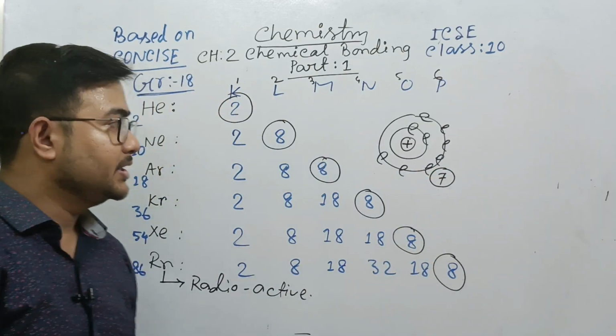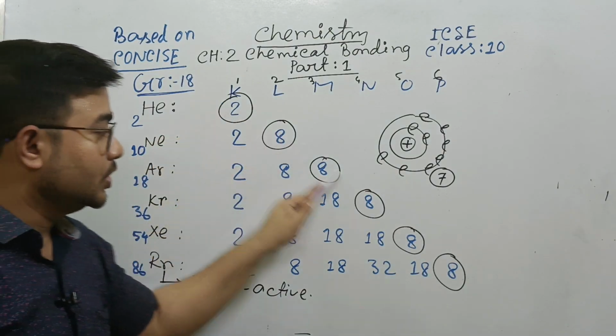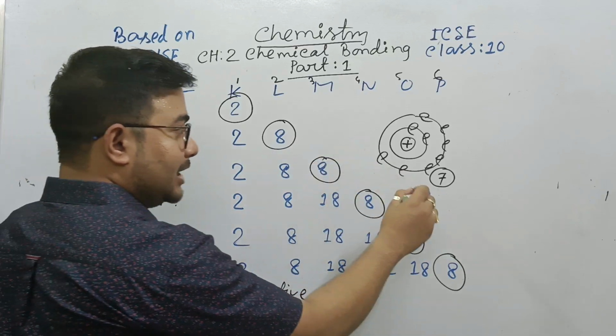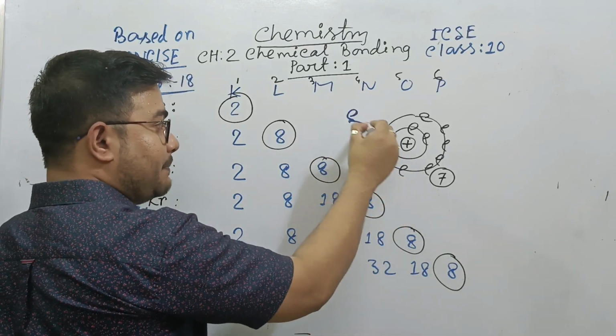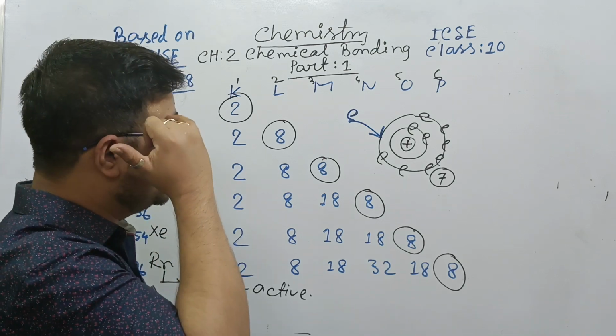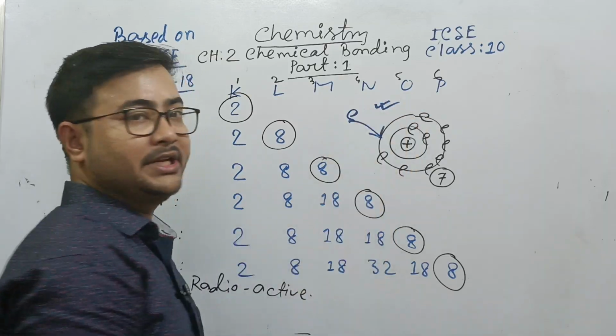Tell me, is this stable? No, because stability means either 2 or 8. Here there are 7 electrons. So this atom has a tendency to accept one extra electron to gain stability. So these atoms accept electrons.